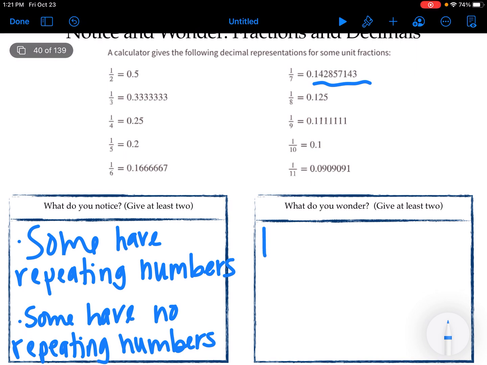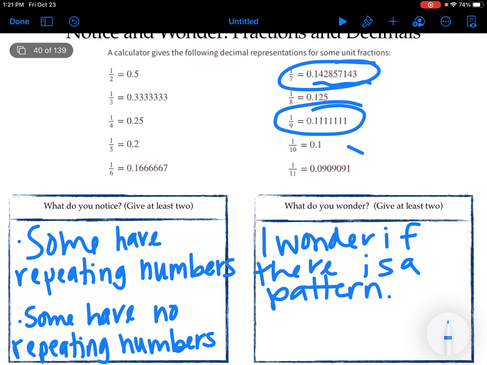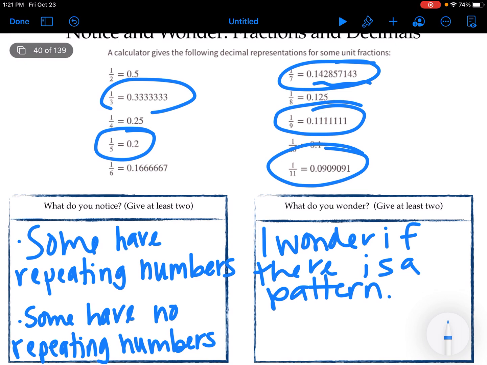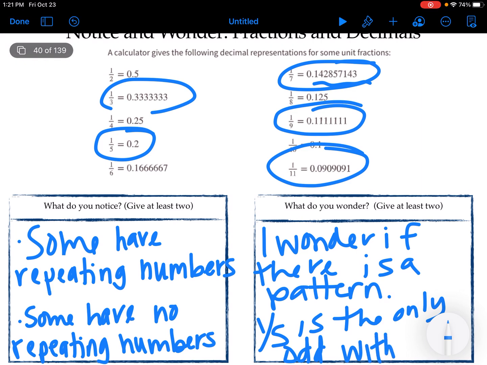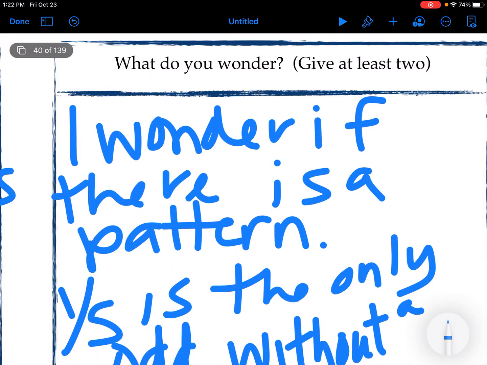I wonder if there's a pattern. And I wonder why one-fifth is the only odd number without a long decimal. That kind of went a little crazy.